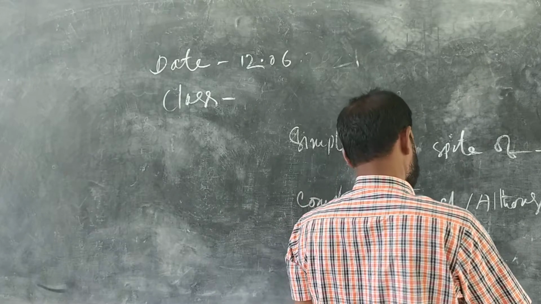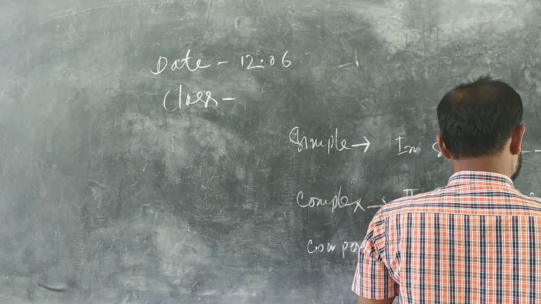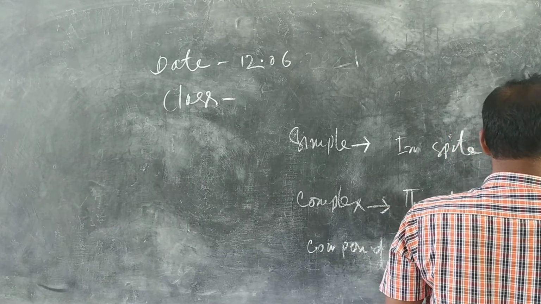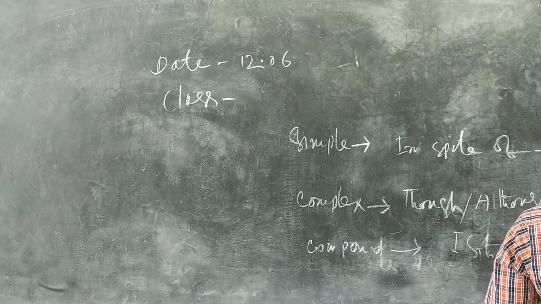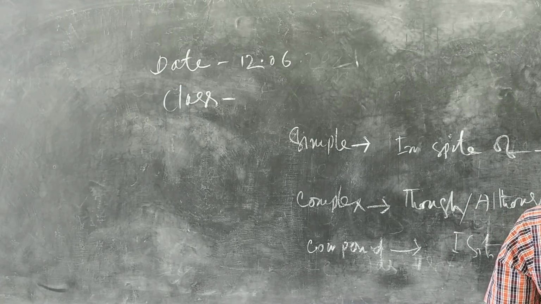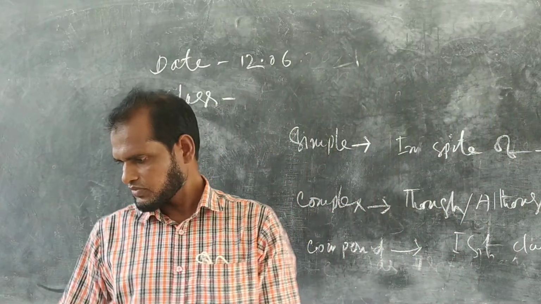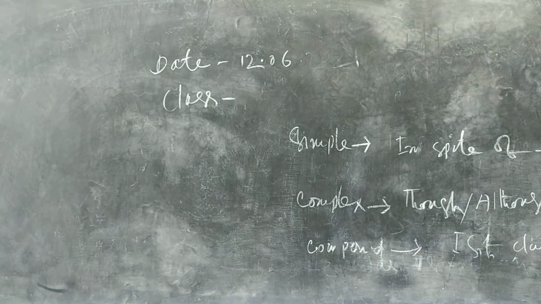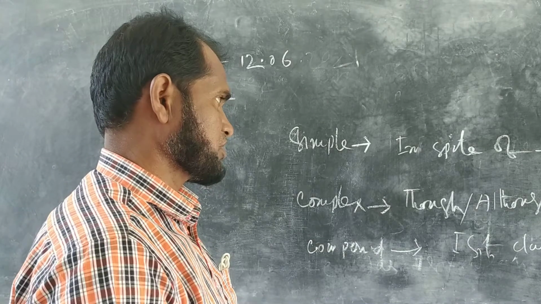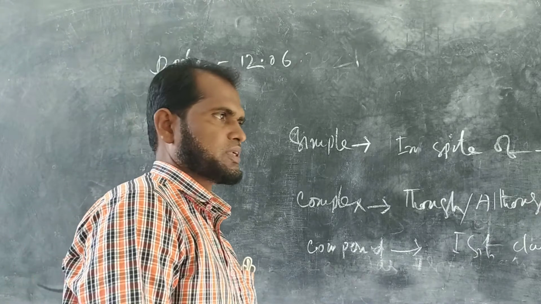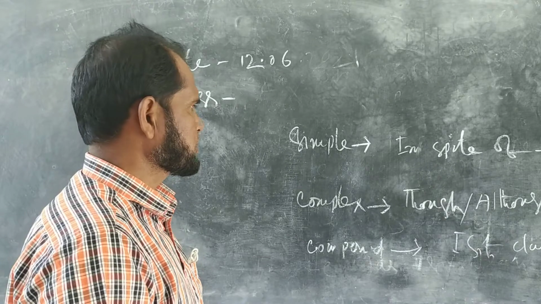First clause plus but plus second clause. Dear student, look at the blackboard and try to understand the structure of simple, complex, compound that has been given on the whiteboard.